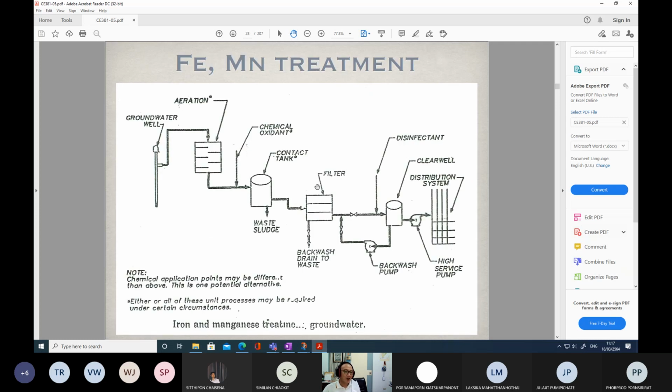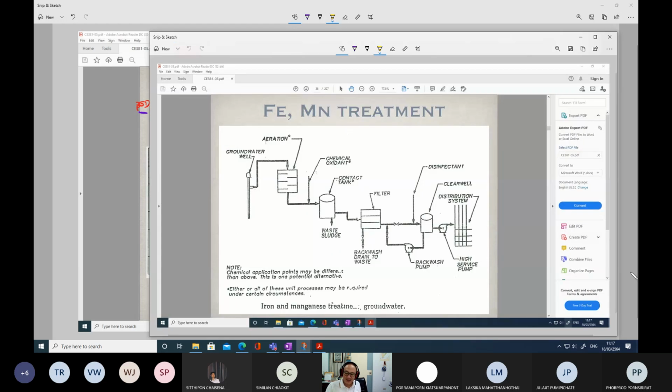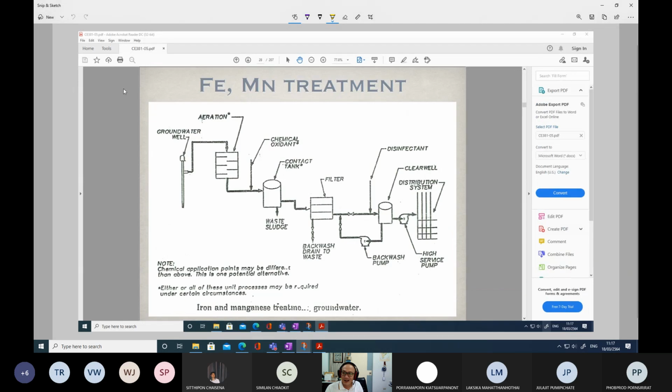Iron and manganese. How do we remove the iron and manganese from water? According to the chemical characteristics, normally if we withdraw the water from underground, the iron will be completely dissolved and exist in the form of Fe2+. For manganese, it is also the same. They also exist in the form of Mn2+.